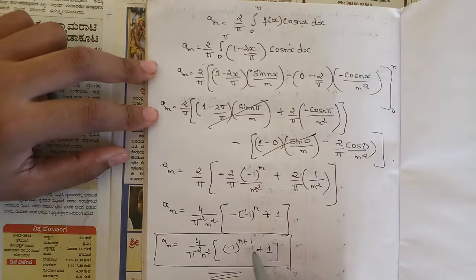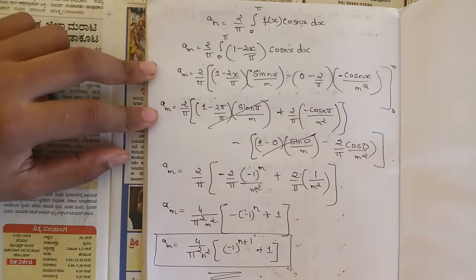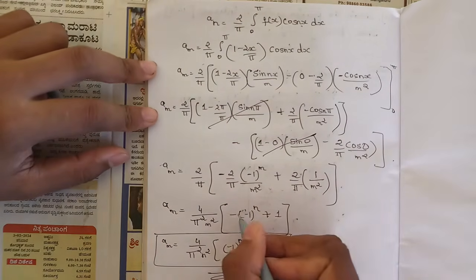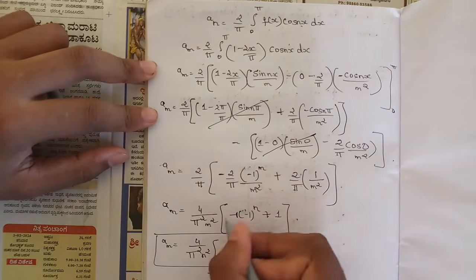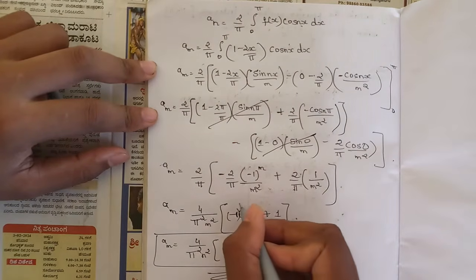How did we get this n plus 1? There is an identity here. There is a minus 1, so we can also write it as minus 1 to the power 1.